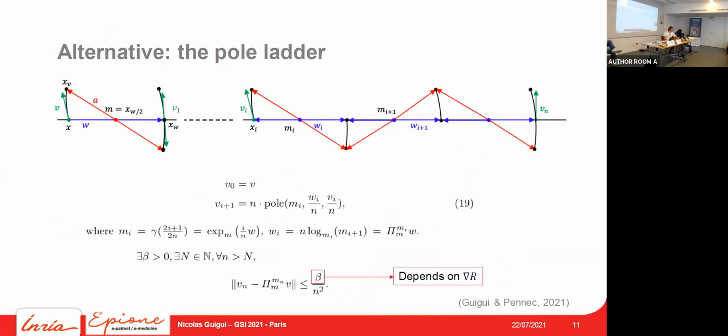But in fact, the best thing to do to improve pole ladder would be to be able to reformulate this as a symmetry and try to have a computation that is a symmetry directly instead of computing first the log and then the exponential. And maybe it would be more stable and a bit faster. But I don't really have ideas of how to do that.